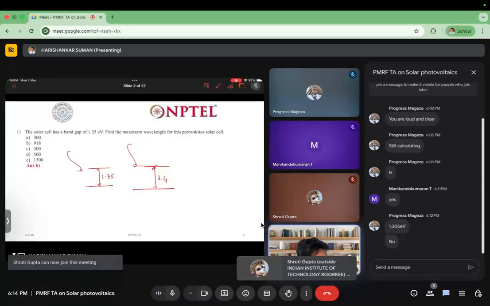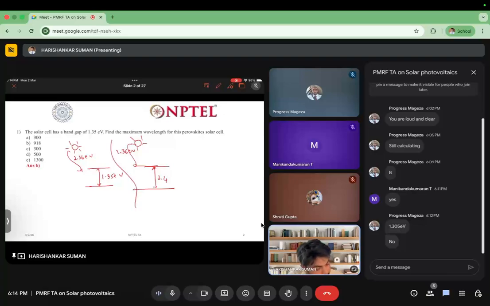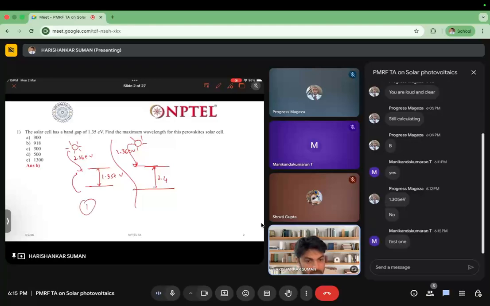Incident photon from the sun has energy 1.36 eV, the same energy here, 1.36 eV. Which cell will work? Which cell will absorb this incident light? This is first, this is second.